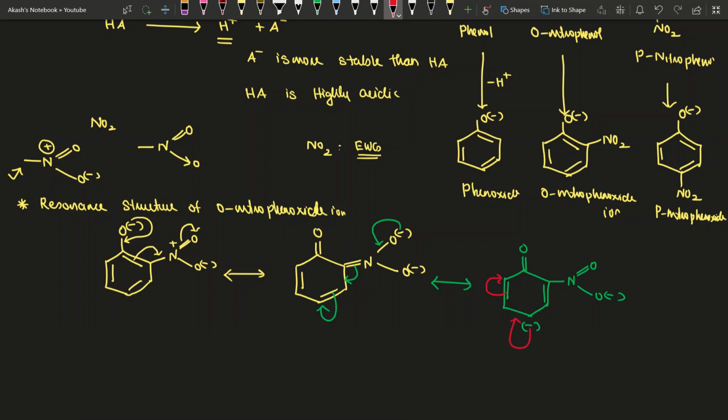This bond will get shifted to this carbon. So what will you get? Here there is a negative charge because that bond is shifted. So a bond is formed between these two carbons. Here, then we have an N double bond O.